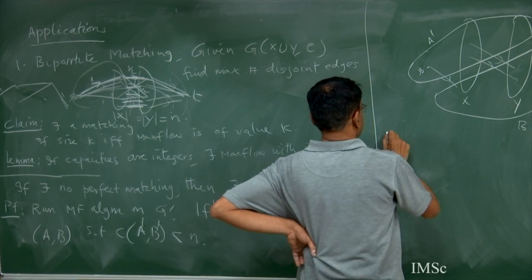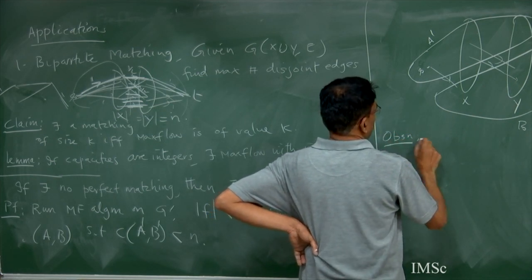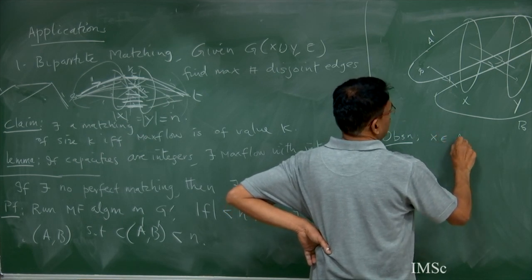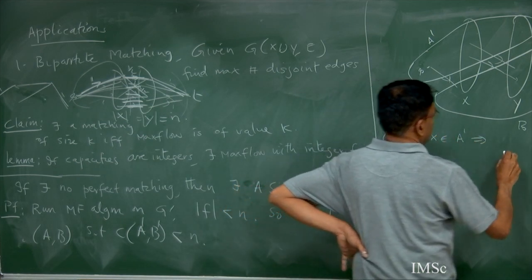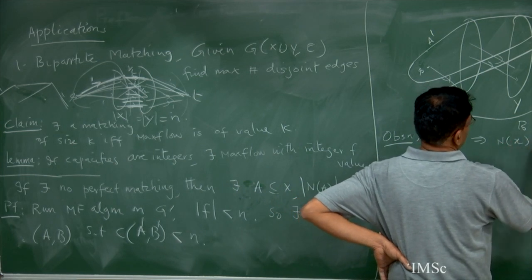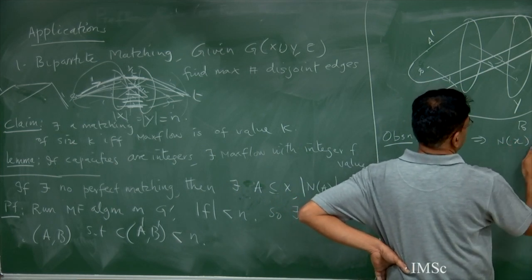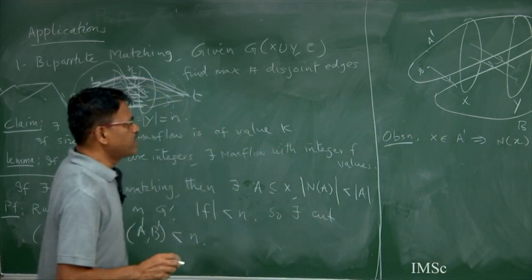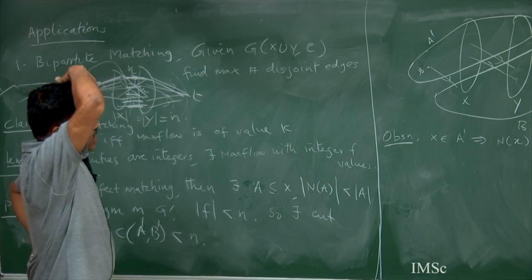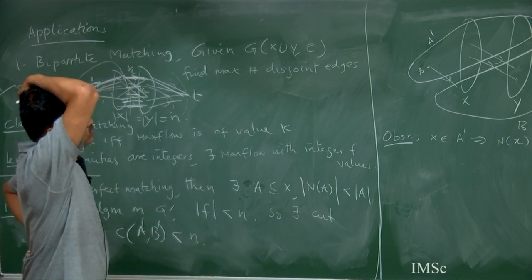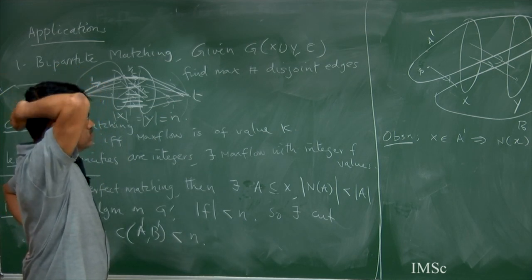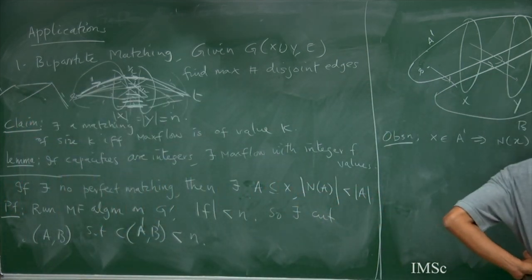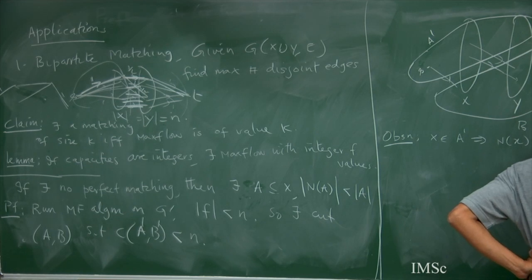Here is an observation: if X is in A prime, I'm going to put all its neighbors also in A prime. Or what I mean is that there exists a min cut with such a property.